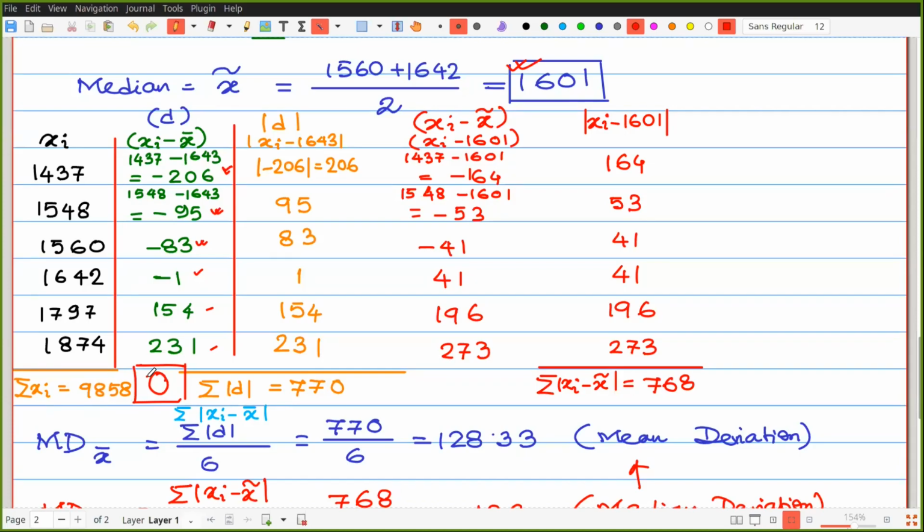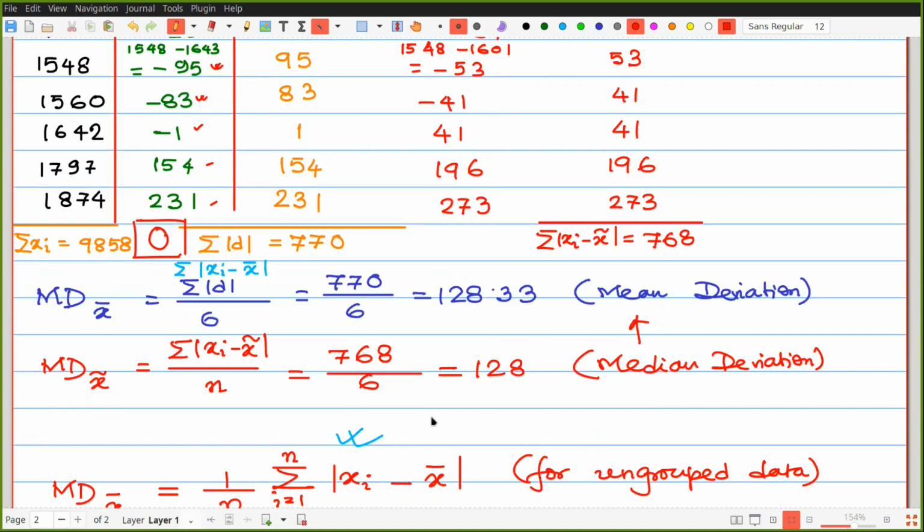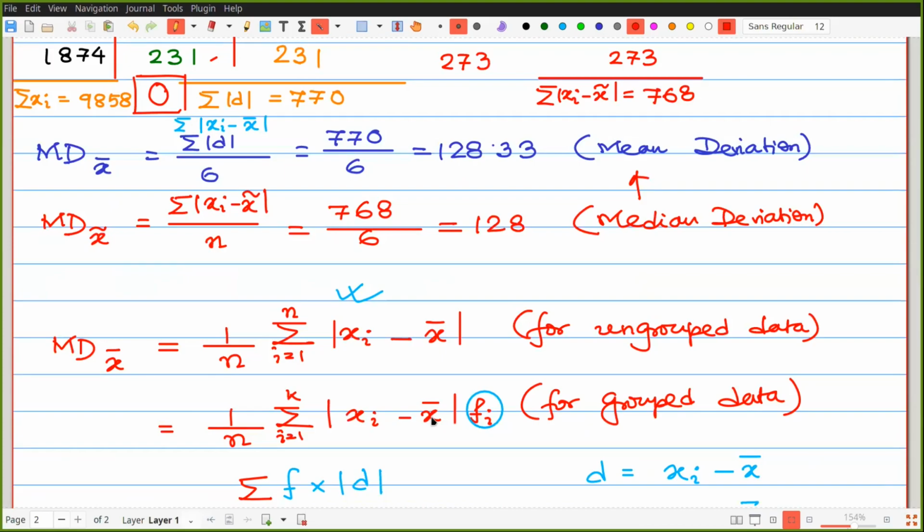Whatever the data, whatever the observations given, the summation of the deviations from the mean must be 0. If you get something other than 0, your calculation is wrong somewhere in the table. Find that out. That is how we can find the mean deviation and median deviation.